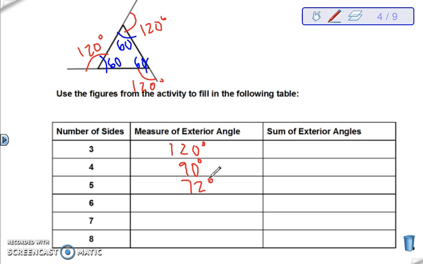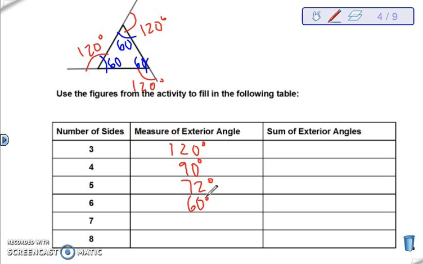I'm going to end up with 120 degrees per angle for a hexagon, which means I'm left with 60 degrees on the outside, and we can keep going with the rest, but let's look at what's happening here with the sums.